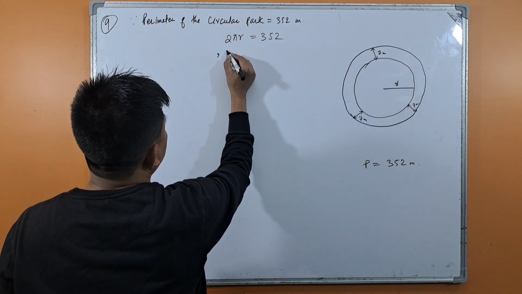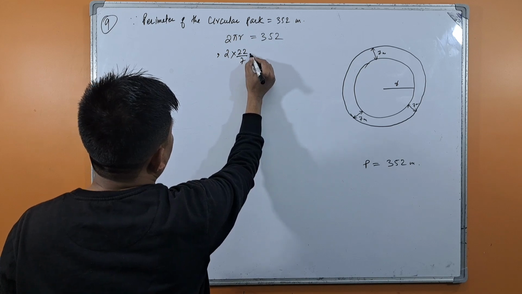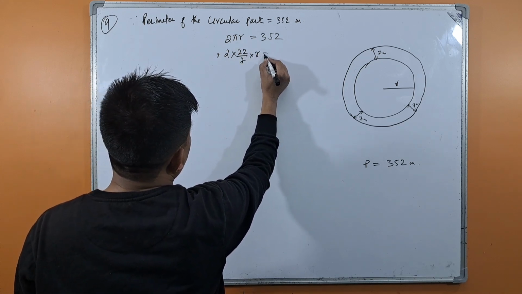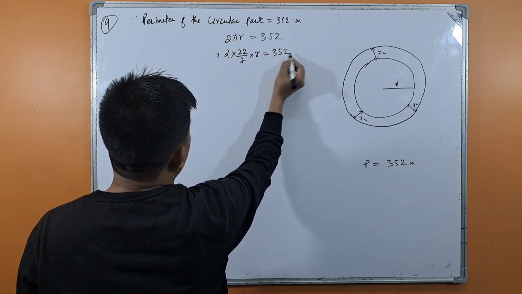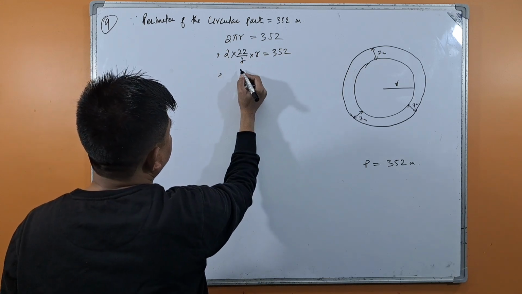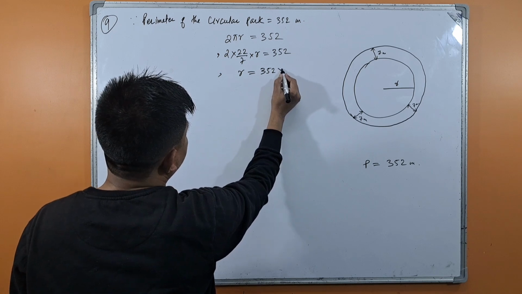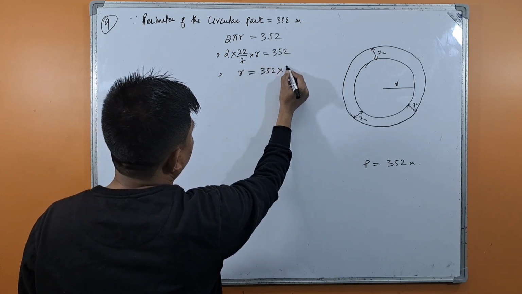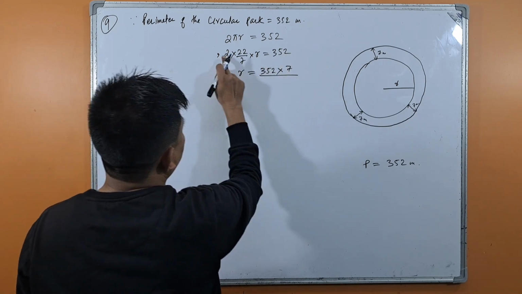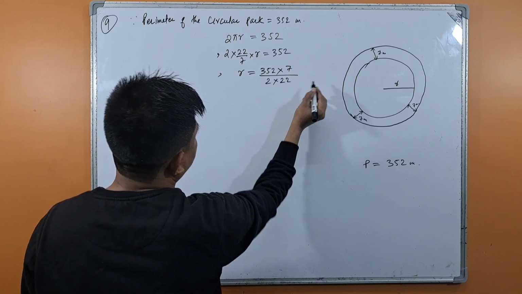So 2 into pi, which is 22 by 7, into r equals 352. We keep r on the left hand side and take everything to the right hand side. So r equals 352 into 7 in the numerator and 2 into 22 in the denominator by cross multiplication.